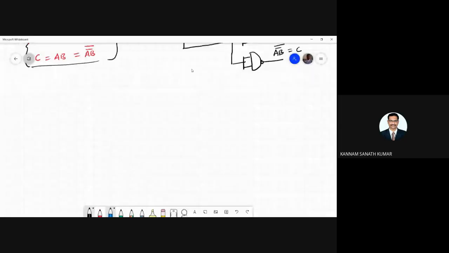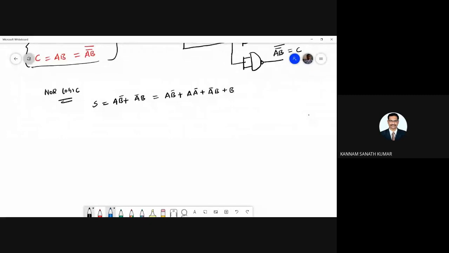And next, I will implement by using NOR logic. So what is sum? Sum equals AB bar plus A bar B. So this I can write as AB bar plus A bar plus A bar B plus BB bar.